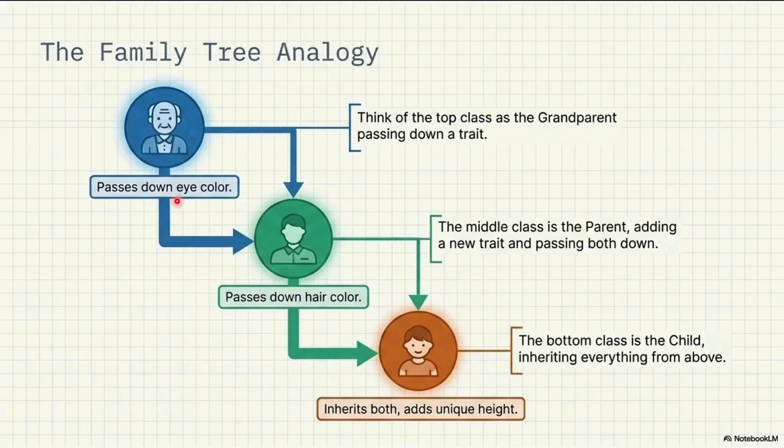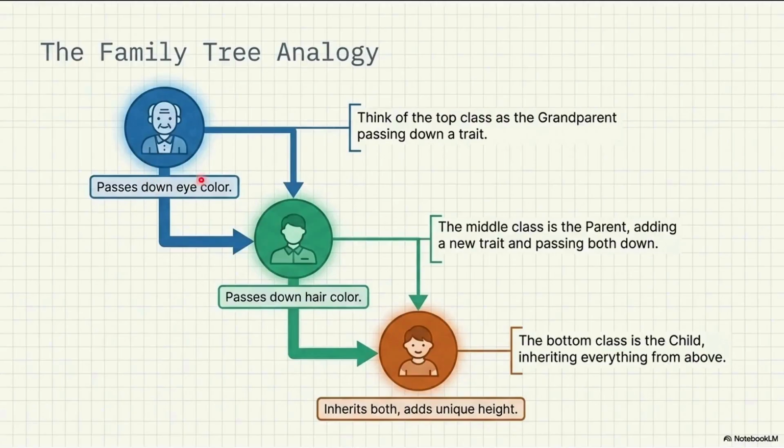Then this eye color and the hair color will be passed down to the child class. The bottom class is the child inheriting everything from above. So this bottom class is inheriting the hair color and the eye color as well.